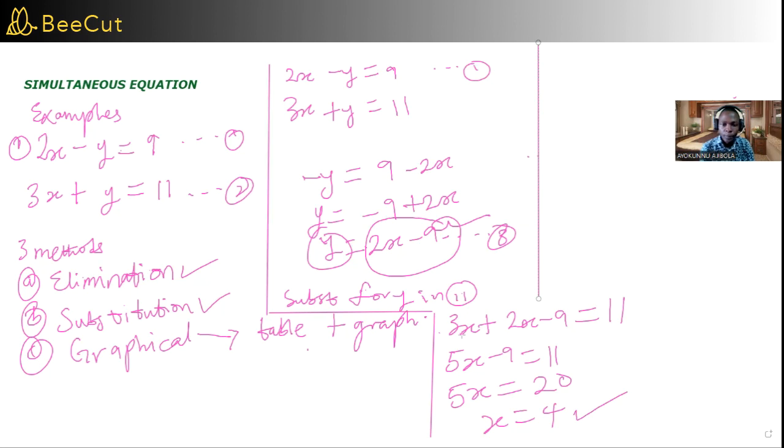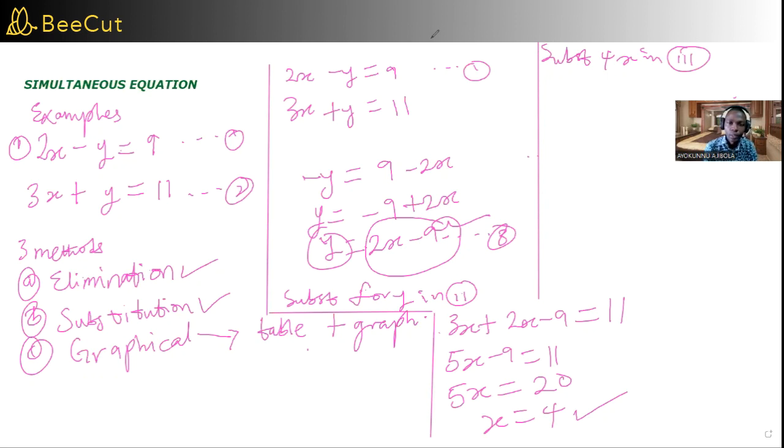Now I found x. I want to find y. Remember, we already got our y from equation 3, and y should be 2x minus 9. So let's go ahead and substitute for the value of x in equation 3. In the third equation, substitute for x.